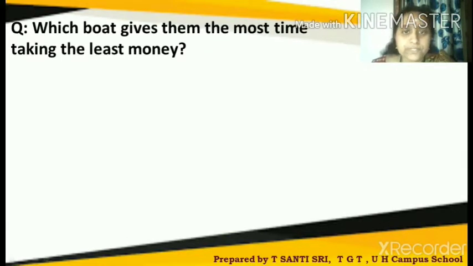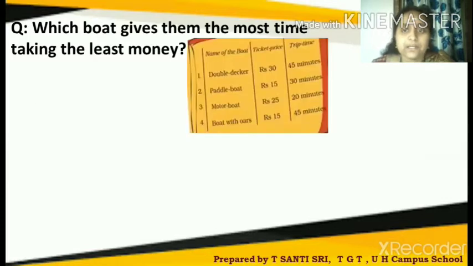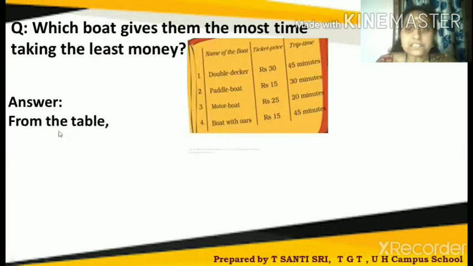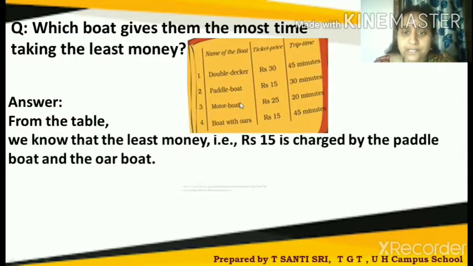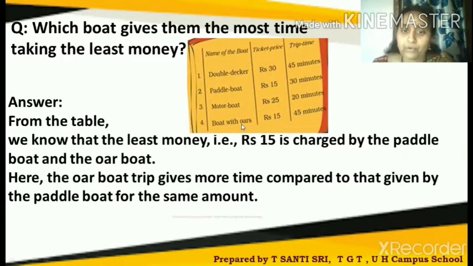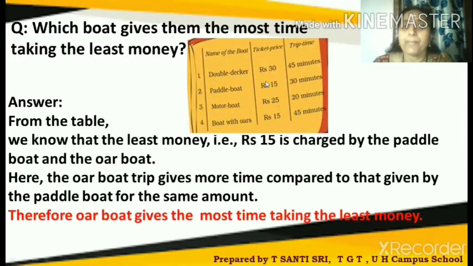Which boat gives them the most time taking the least money? Here, observe the table once. Least money, which boats are taking? Paddle boat and boat with oars. So, paddle boat takes time for 30 minutes and oar boat takes 45 minutes.